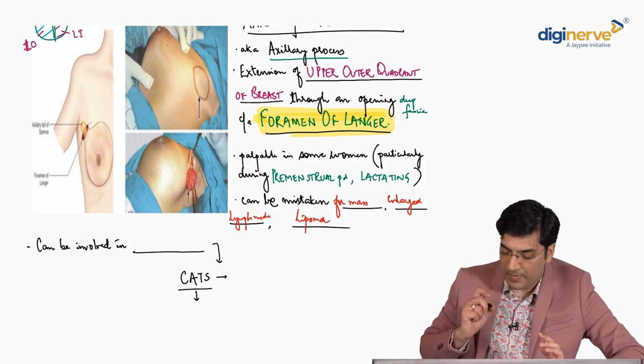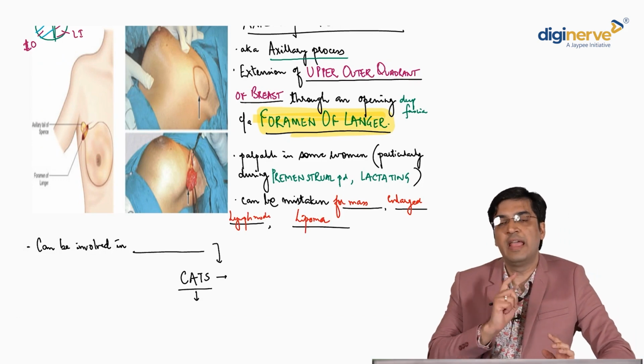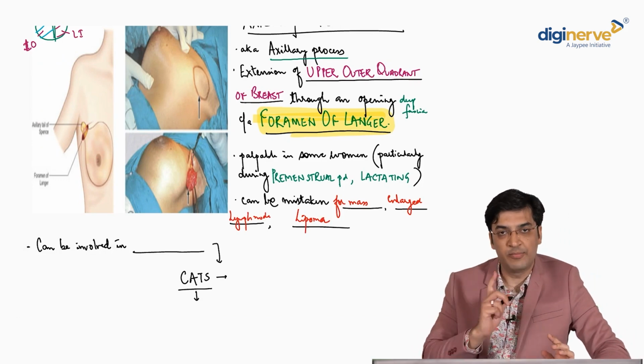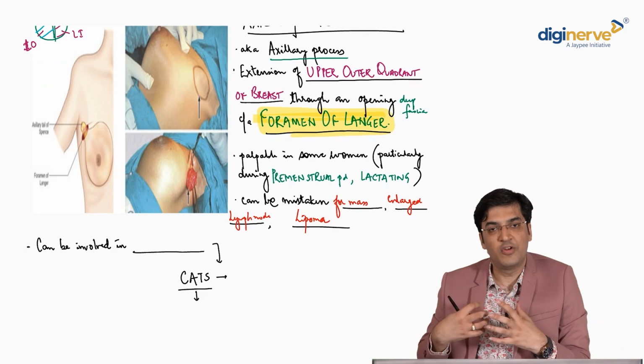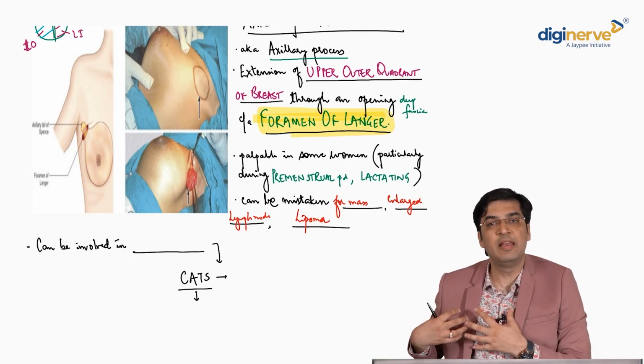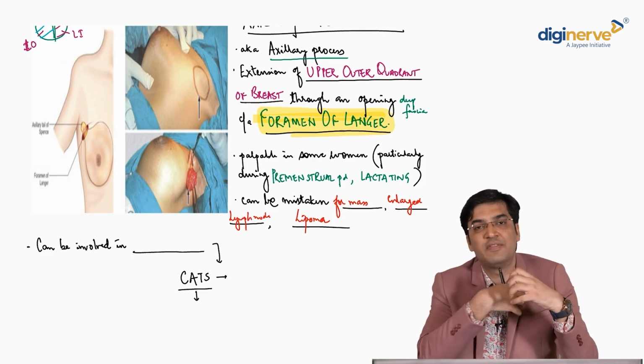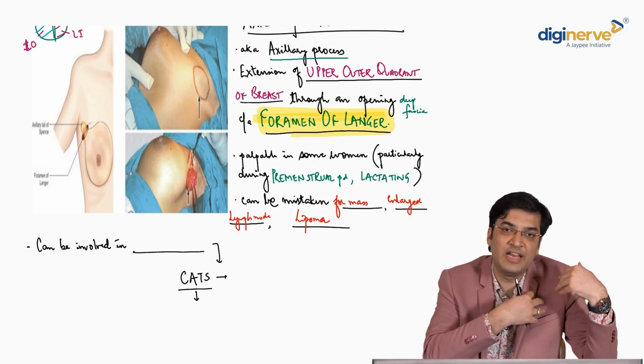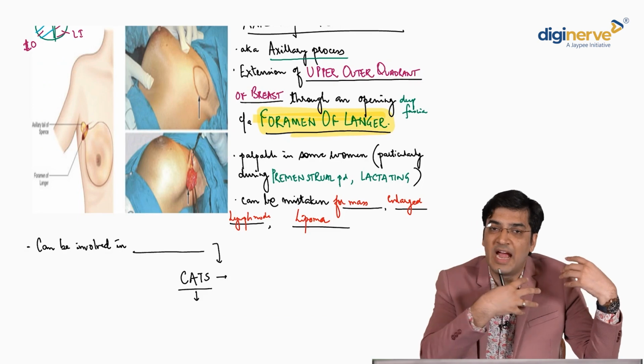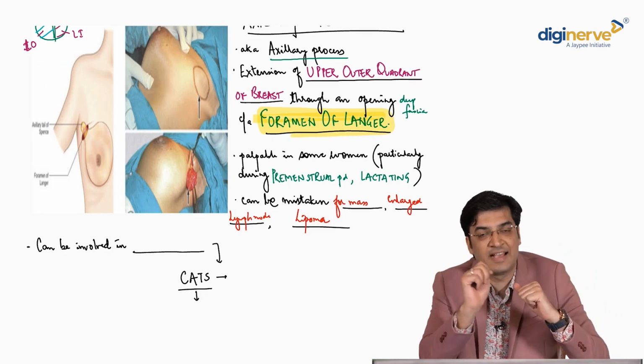Okay. Now, if it gets involved in breast carcinoma, suppose you have a carcinoma which is not actually palpable in the entire breast, you miss it on examination because it was located in the axillary tail of Spence. You forgot to examine that part of the breast which went right up to the axilla.